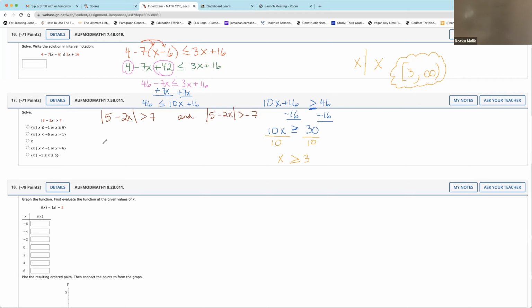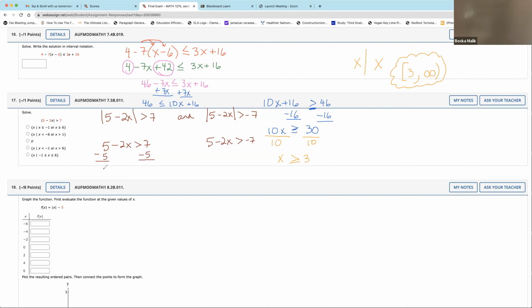Okay, so take it out. 5 minus 2x greater than 7. 5 minus 2x greater than negative 7. I'm going to put the 5 on the other side.